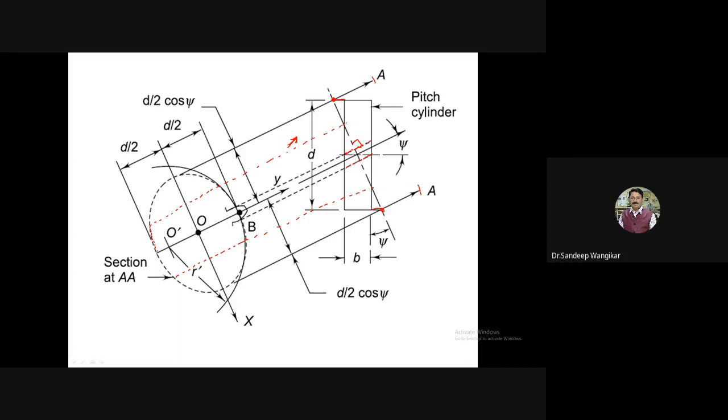Now the extended profile, though there is no material, is still imagined: this line is imagined up to this point, and this profile is imagined up to this point. If you take the profile like this, you will get the complete ellipse as shown in the figure.